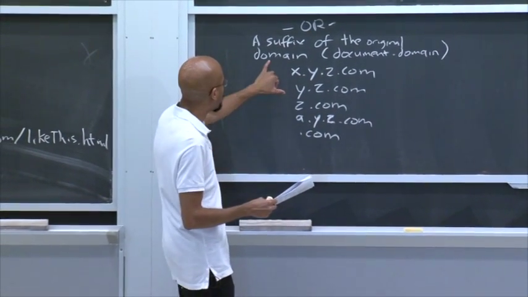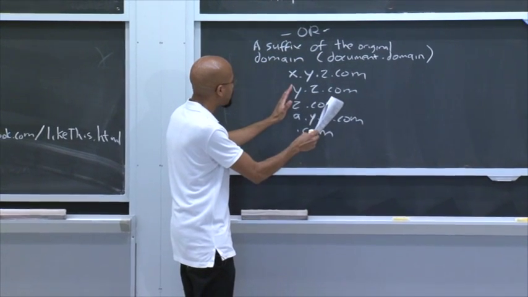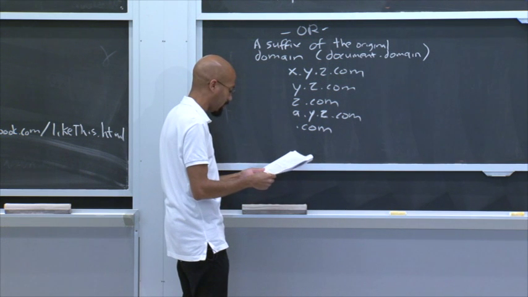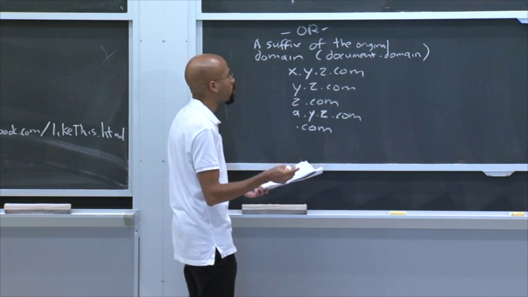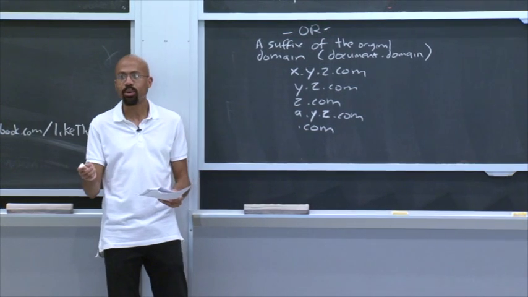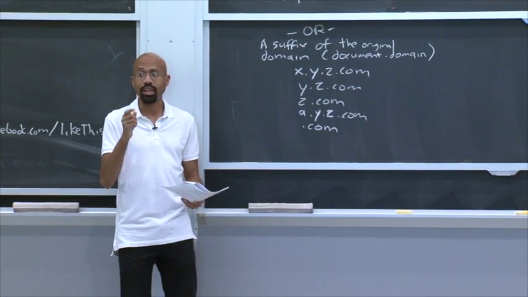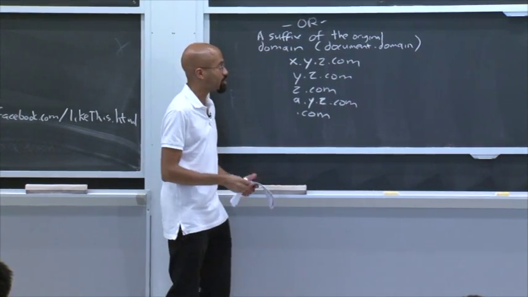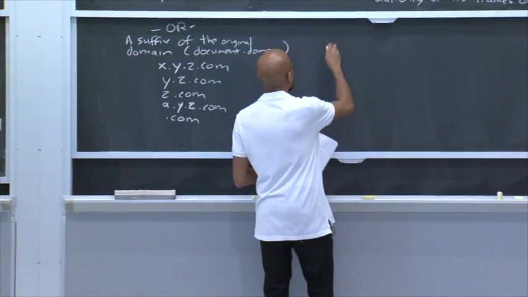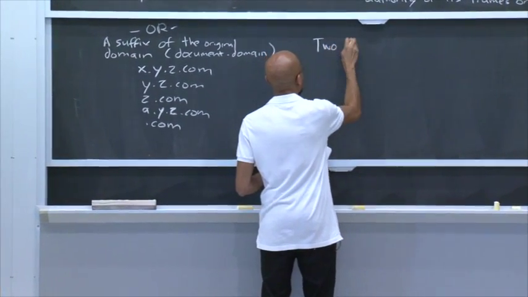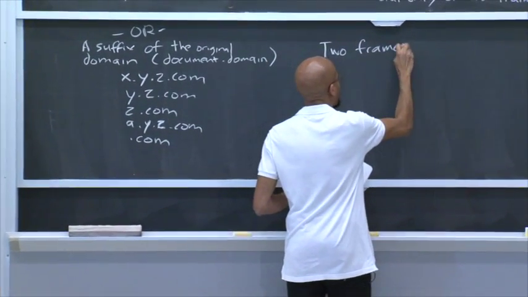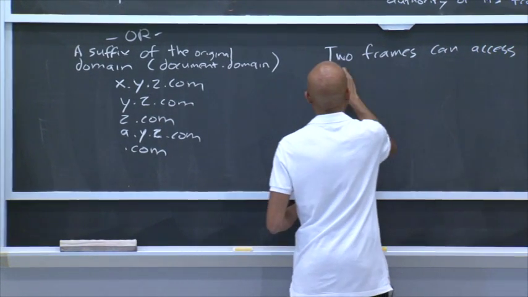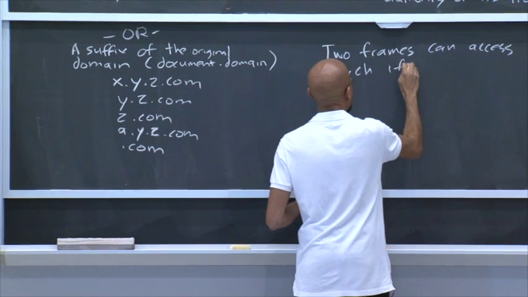So okay, browsers can constrain, or more like widen, I should say, their domain to these suffixes of the original domain. And there's also this interesting quirk here, which is that browsers actually distinguish between a document.domain value that has been written and one that has not been written. There's a subtle reason for this, which I'll get into in a second. So basically, two frames can access each other if one of two things is true.